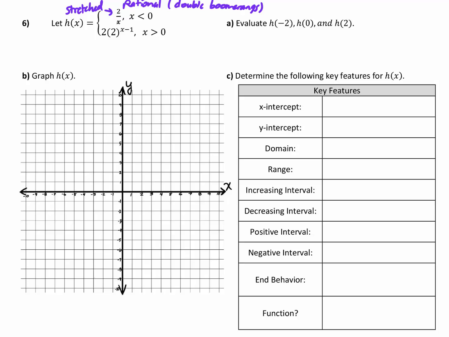The central location here is at the origin. We aren't moving it left or right, and we are not moving it up or down. So if I stay at the origin, typically when we did these pictures, we would put a star there. And after we did that, we would have an asymptote that extends horizontally and an asymptote that extends vertically. And I'll go ahead and try to dash those.